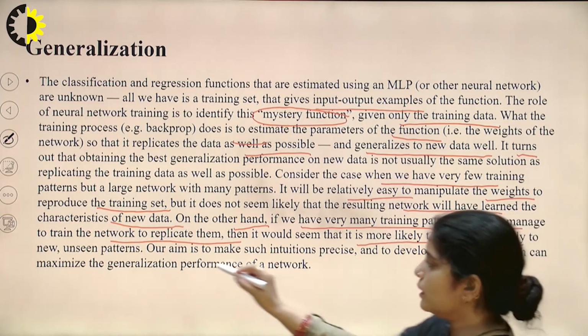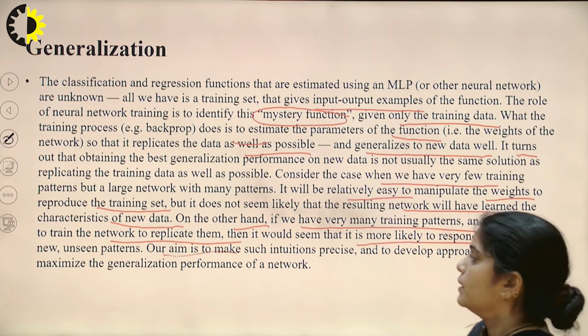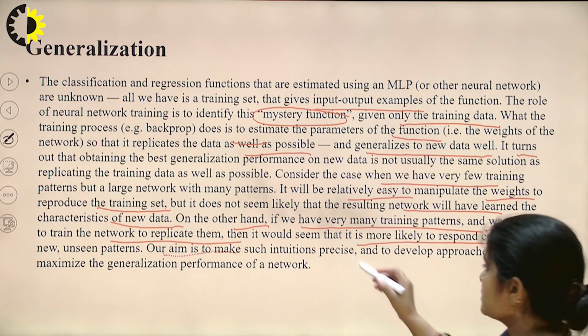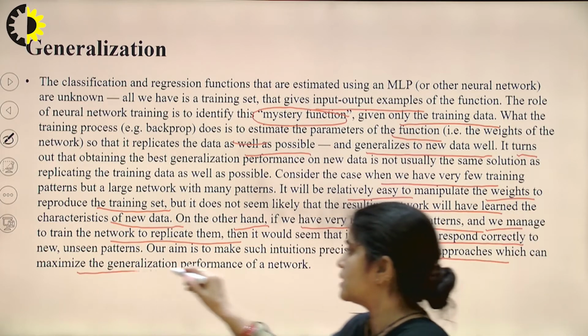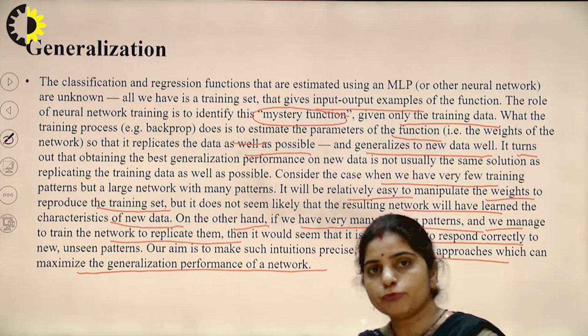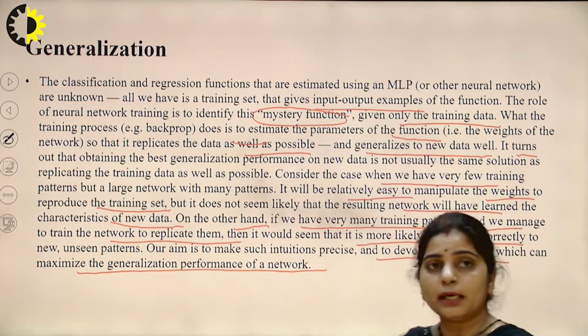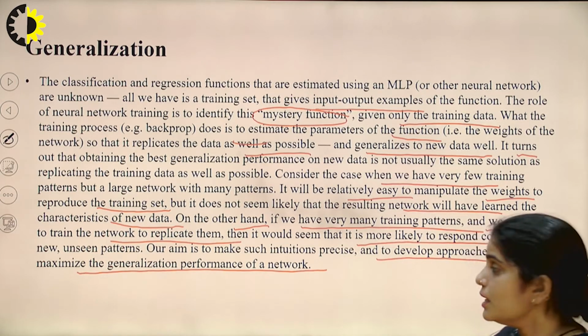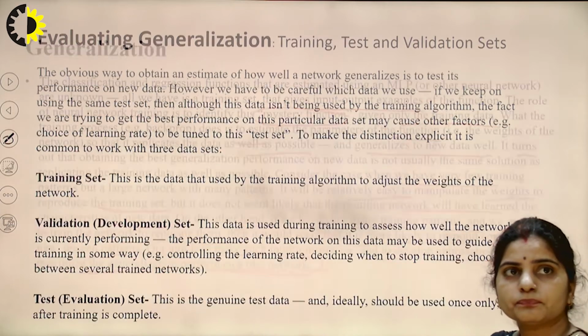So what is our aim? Our aim is to develop precise intuitions and approaches which can maximize the generalization performance of a network, that is, to enhance the generalization performance of a particular network.